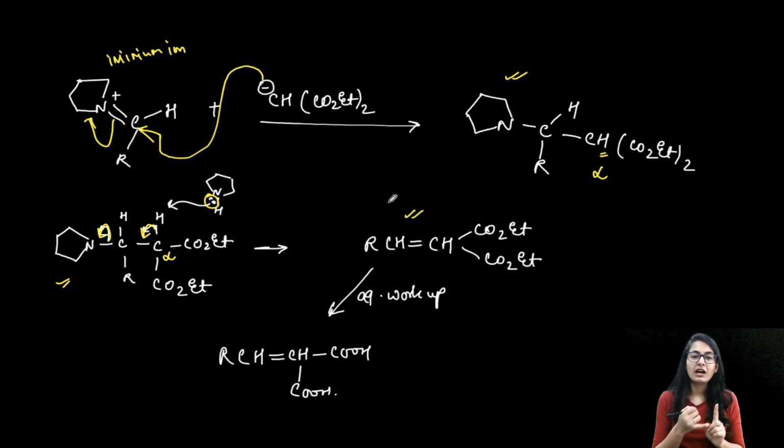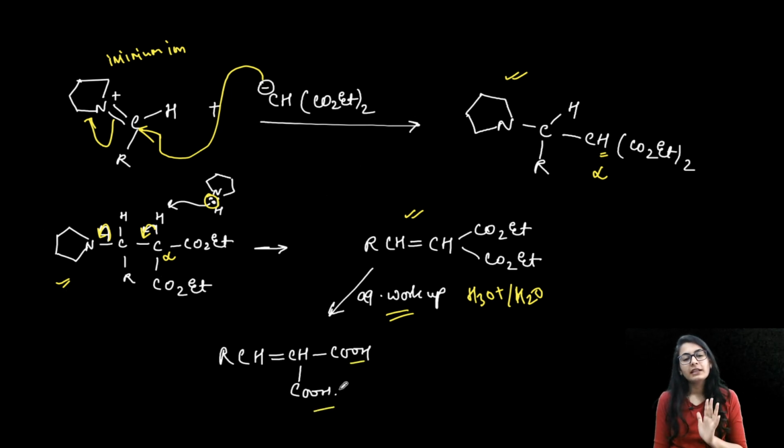So it is an amine catalyzed reaction, the reaction of active methylene compounds with a carbonyl molecule, okay. And finally, after aqueous workup, what are you going to get? You are going to get the acids. You are going to get two acids over here, and you know how the decarboxylation is taking place.